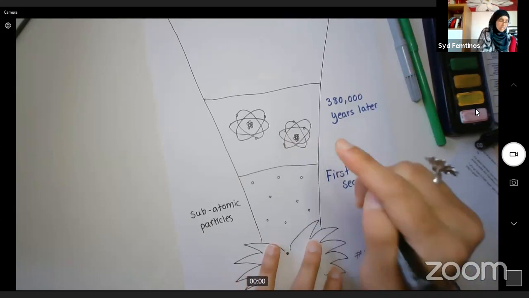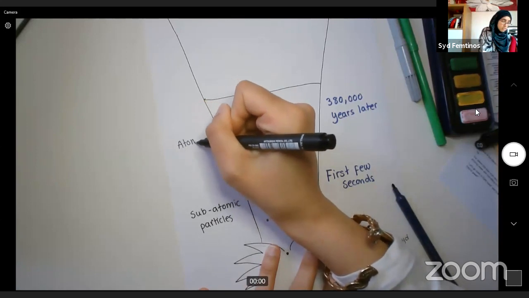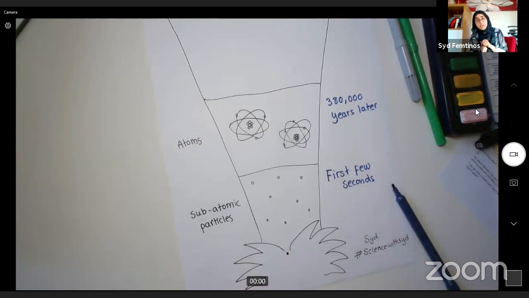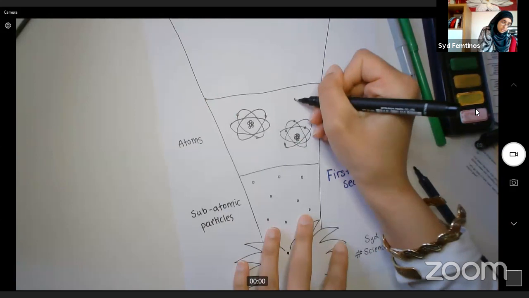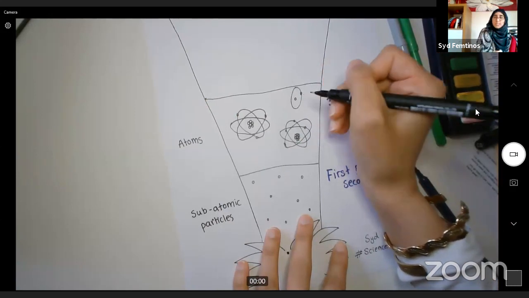380,000 years later, we had atoms. Okay, so atoms started to form, and you would have the smaller atoms form. So atoms like hydrogen, atoms like helium. So hydrogen is the most abundant element in the entire universe because it's the smallest atom. So with hydrogen, you only have 1 proton and you have 1 electron.